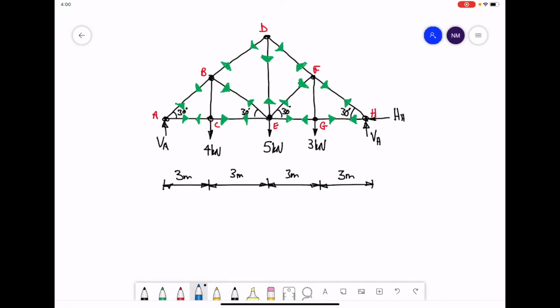To work out the force in our first members, we're going to start at joint A and isolate the forces we have at joint A and apply our equilibrium equations.